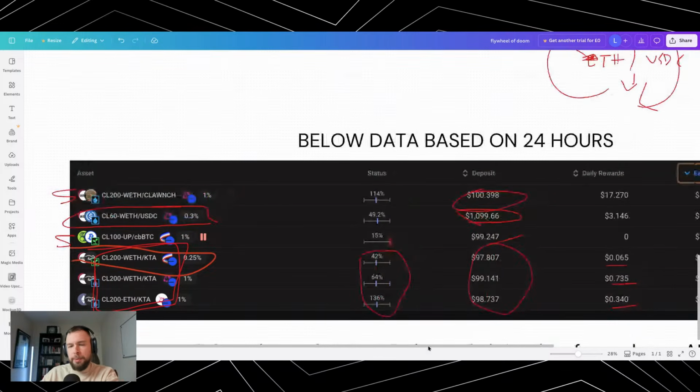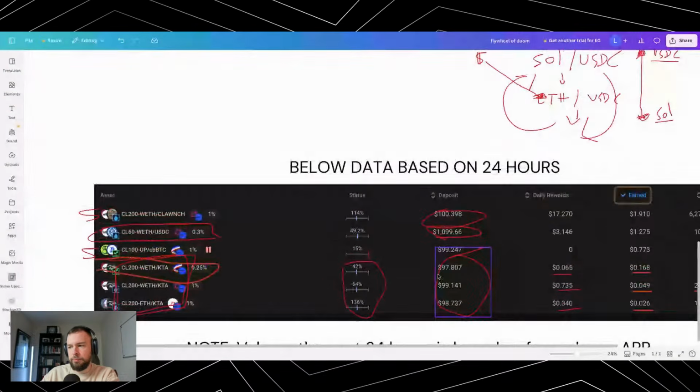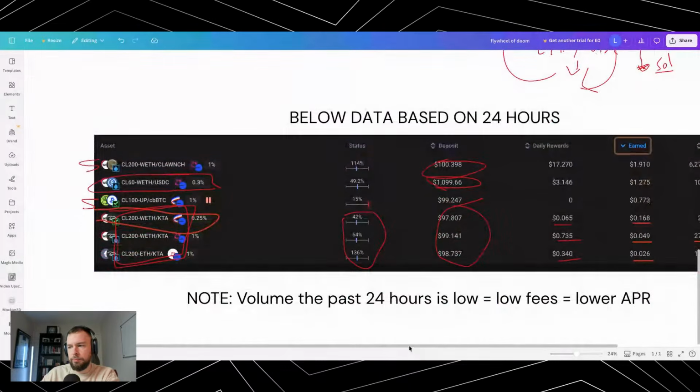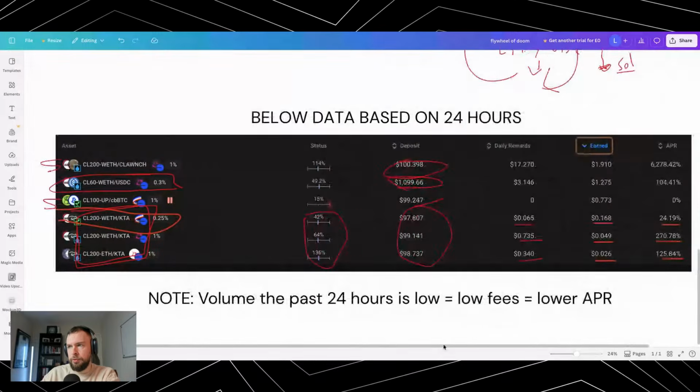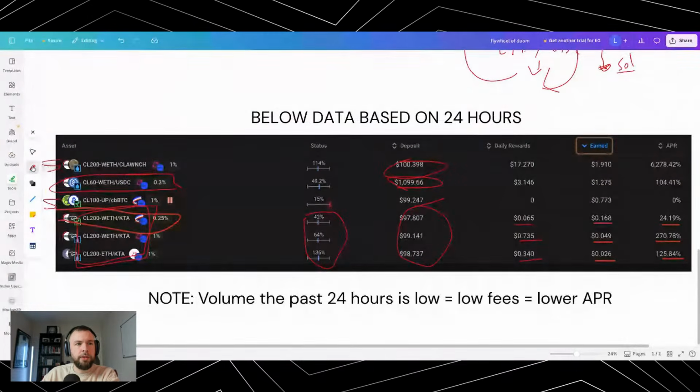So if we zoom out a bit, so we've got here what I actually earned in that 24-hour period, what the APR was. Ignore this one here, this middle one. This was the one that went out of range quickly.